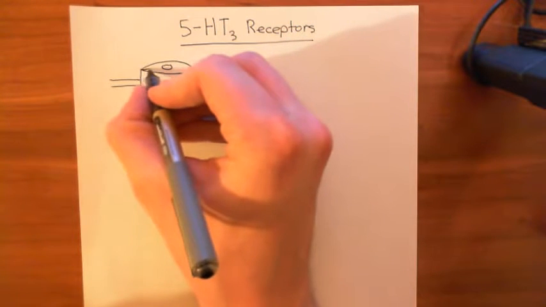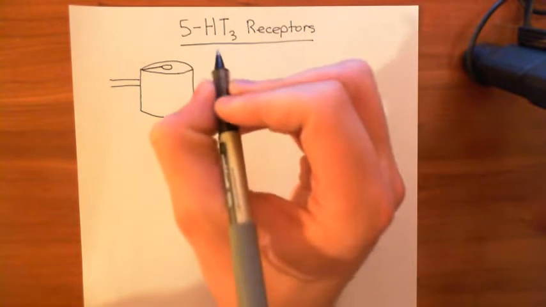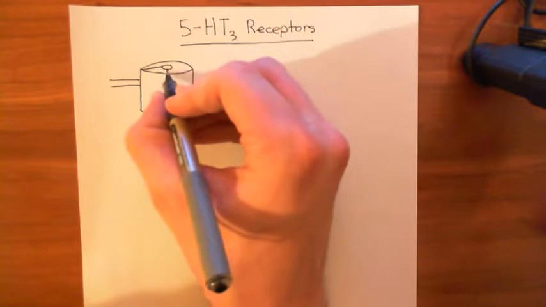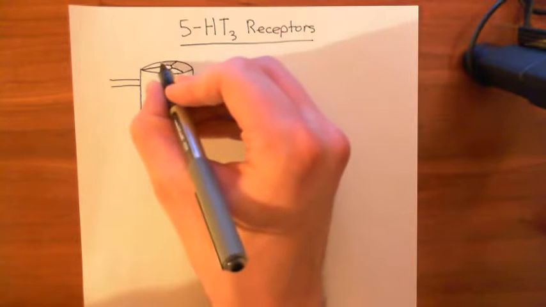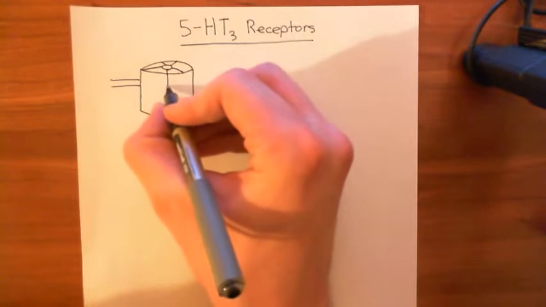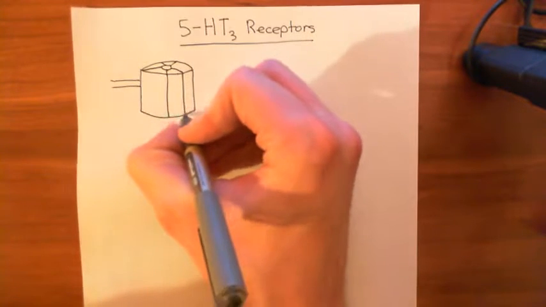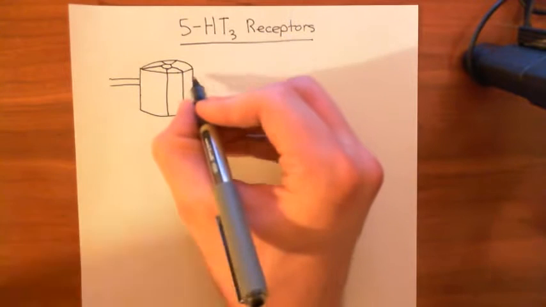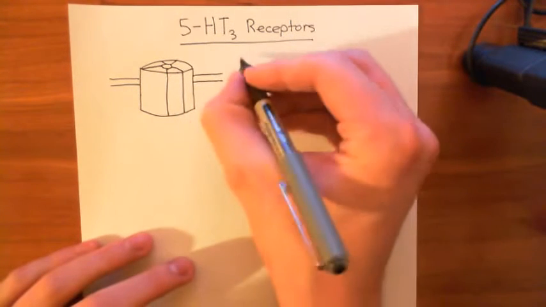Now, all cis-loop ligand-gated ion channels have 5 subunits making them up. So 1, 2, 3, 4, 5, like that. The channel is basically made up of 5 proteins stuck together, and this is true of all cis-loop ligand-gated ion channels.